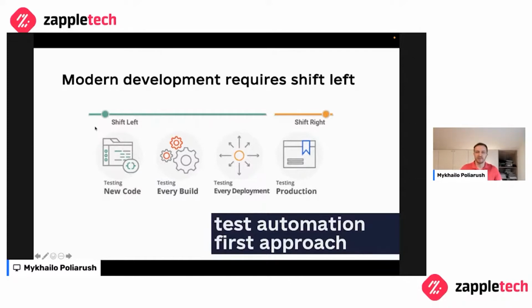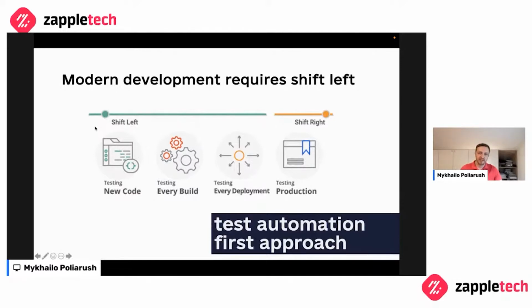it's not the first time I'm saying that modern development requires a shift left approach, right? So you need to test as early as possible, and you need to do the test automation as early as possible.